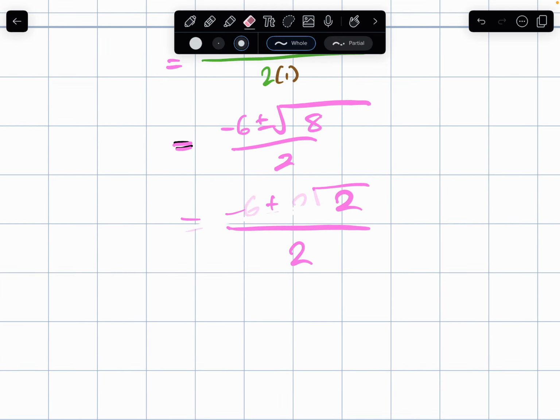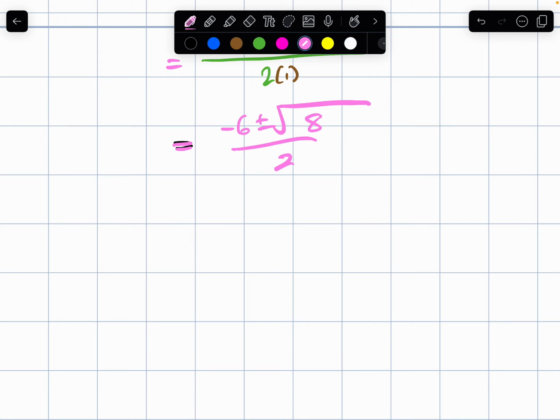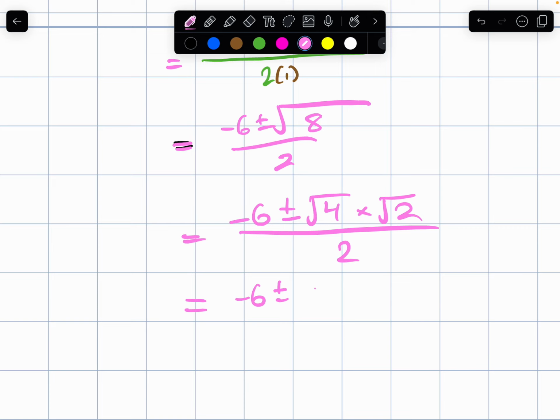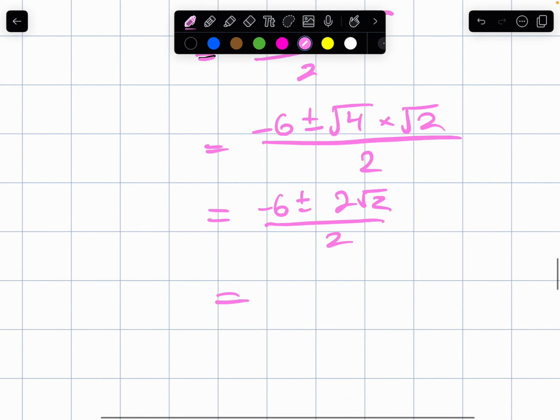Actually, I'll add the extra steps so you can see. All I did was break this down into root 4 times root 2 over 2, which equals negative 6 plus or minus 2 root 2 over 2. Then you divide everything by 2: negative 3 plus or minus root 2.